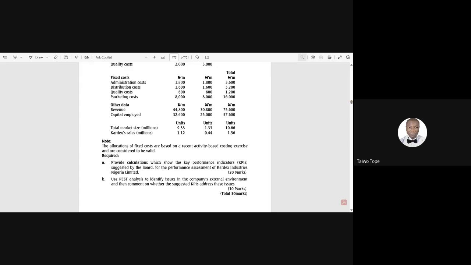So for workshop it is 13%. And for perfect wash is what? 18%. Is this difficult?